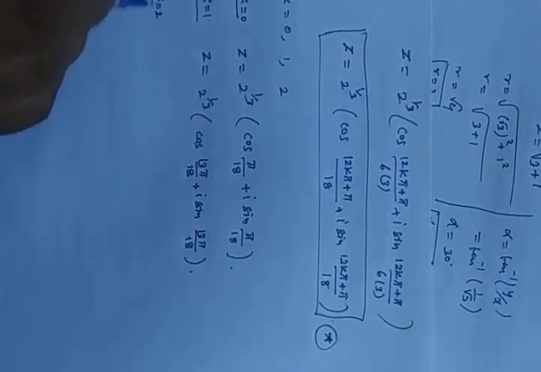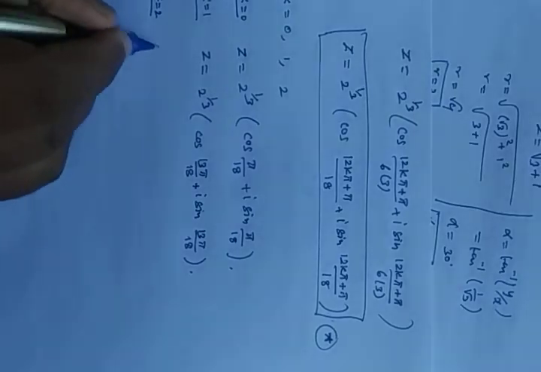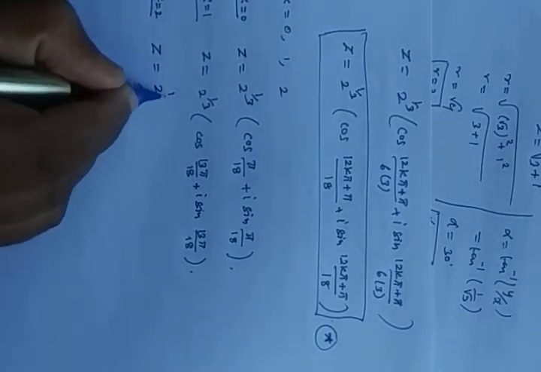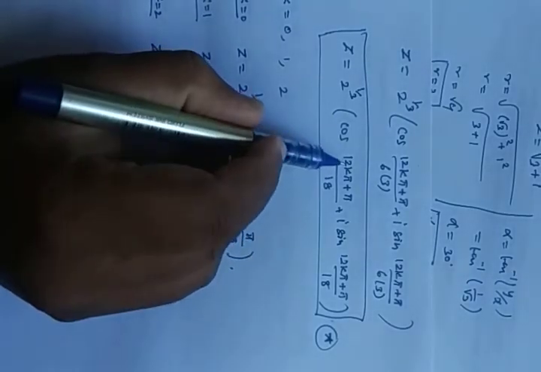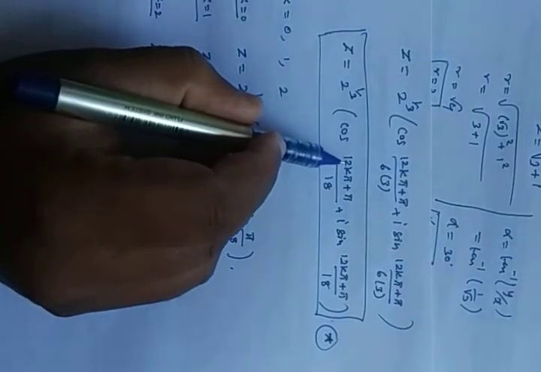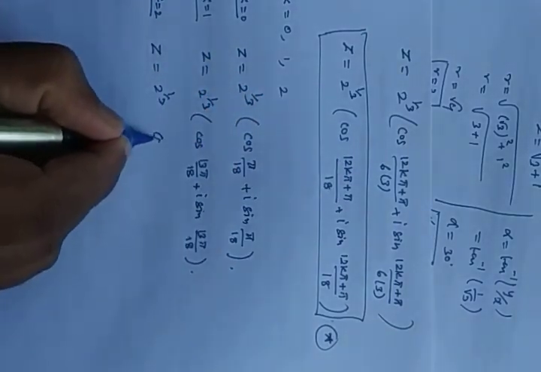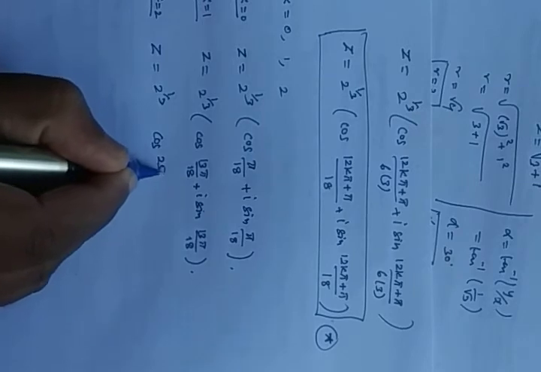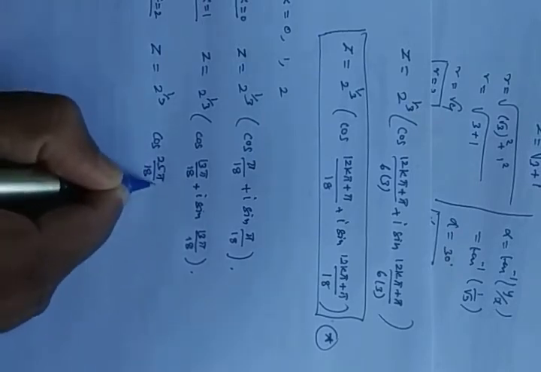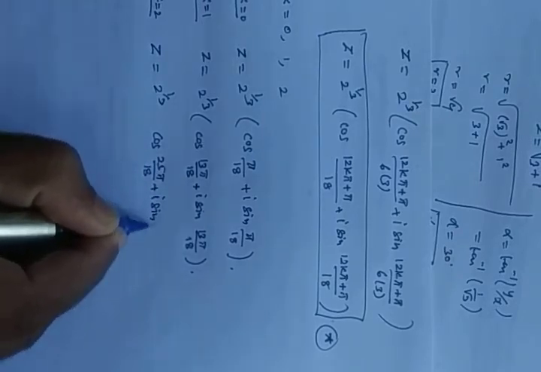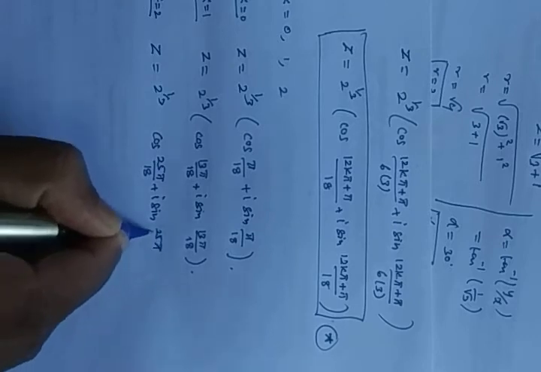So we can write. The next one, k equals 2, you write. K equals 2, now what are you going to do? Put 2^(1/3). In place of k, 2. 2 twelves are 24, 24π plus π is 25π. So cos 25π/18 plus i sin 25π/18 will come.